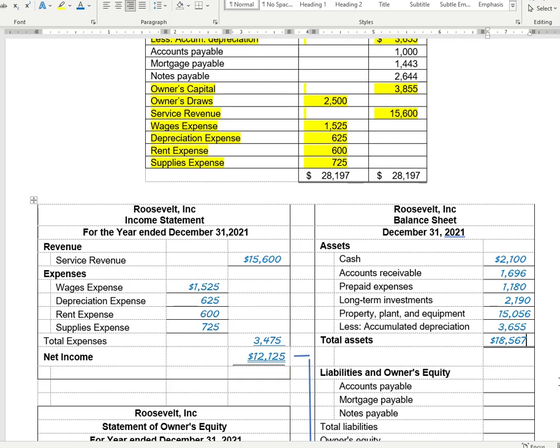All right, so let's keep making progress. So now we're on the liabilities and owner's equity section. So our first liability is $1,000 for our accounts payable. So I'll highlight that.